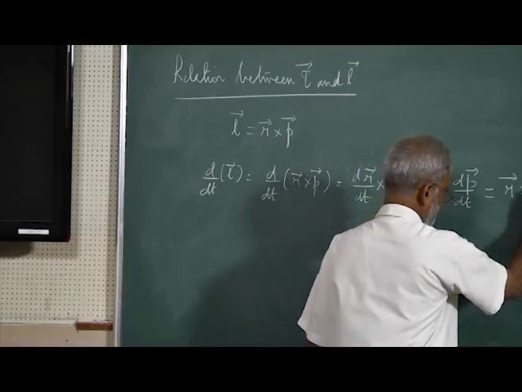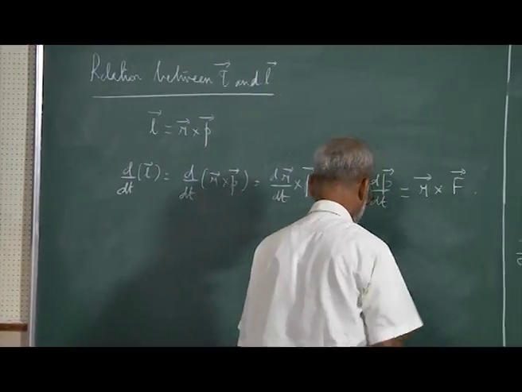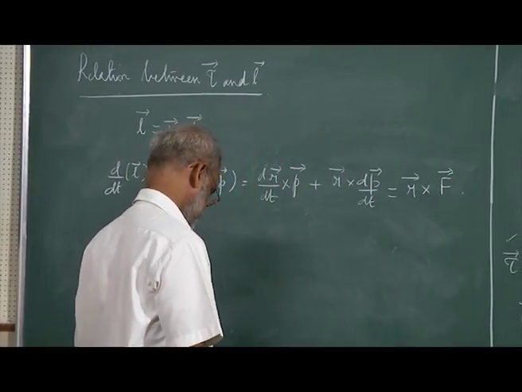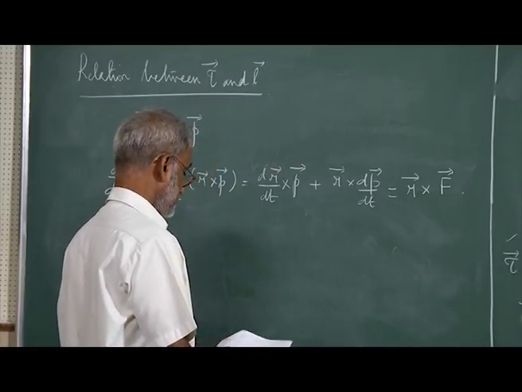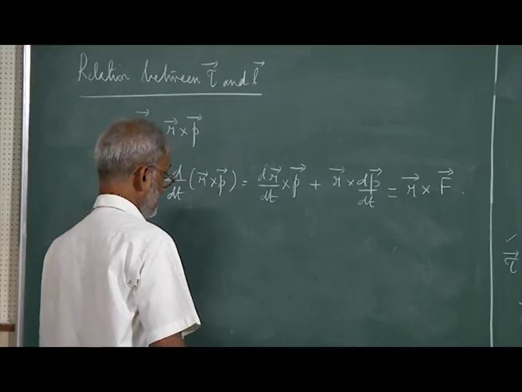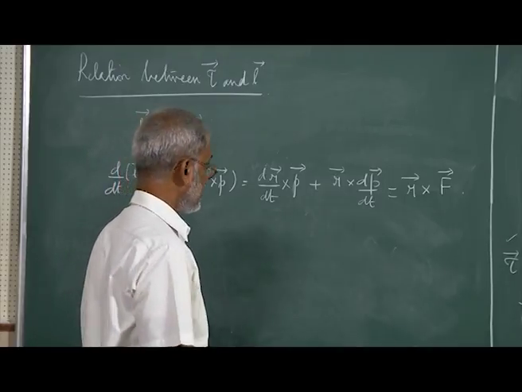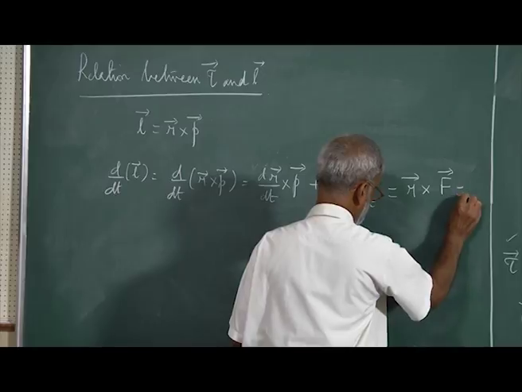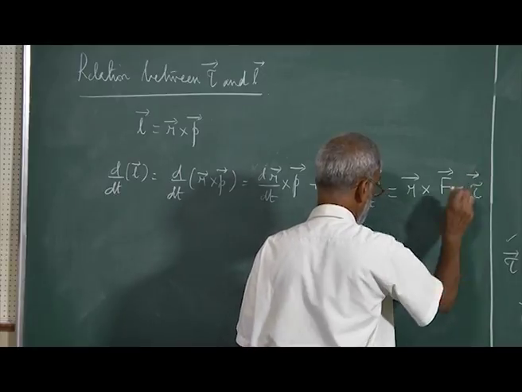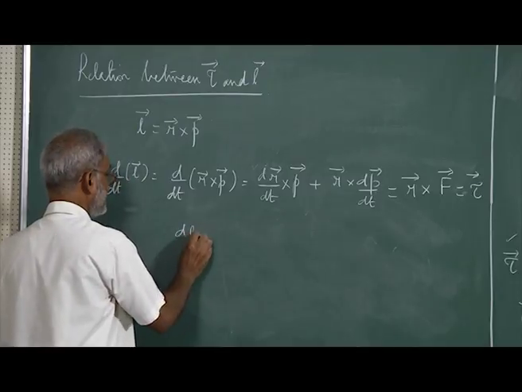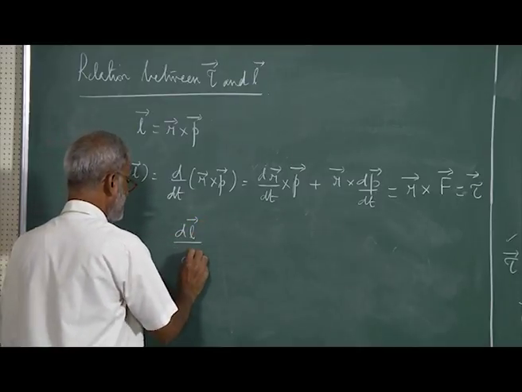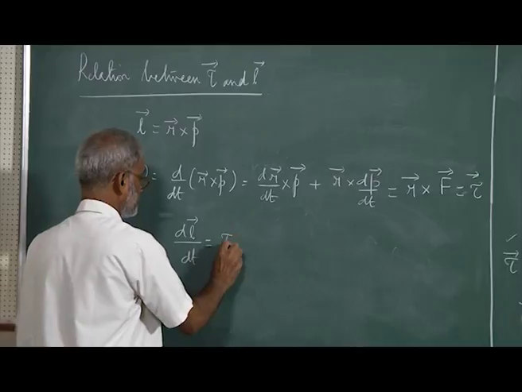Therefore, what is r cross F? r cross F is the torque tau acting on the body due to this force. Therefore we have a very elegant relation, dL by dt is equal to tau.